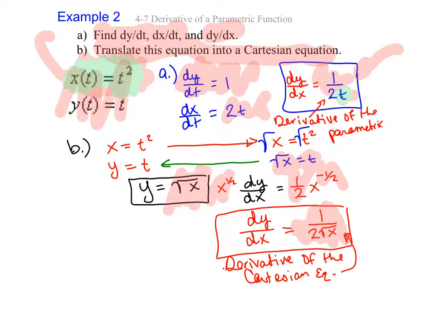One thing I want to highlight: if you take a square root on both sides, shouldn't you have gotten positive and negative square root of x? Well, if t represents time, then t cannot equal negative square root of x, because t is time, and typically does not equal a negative value.